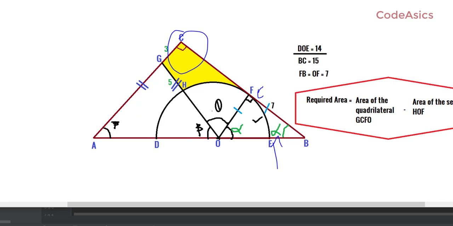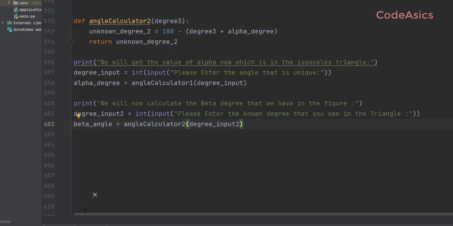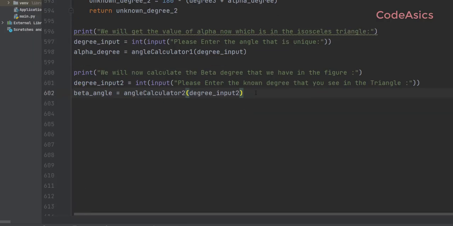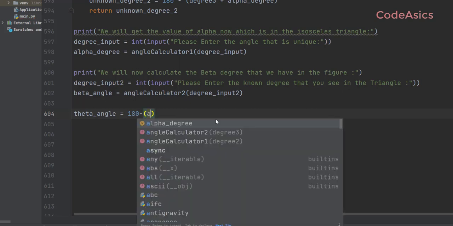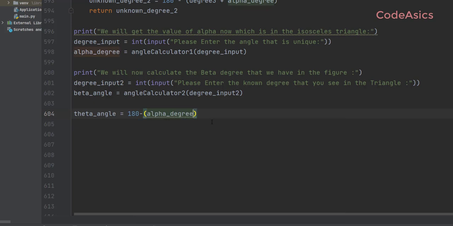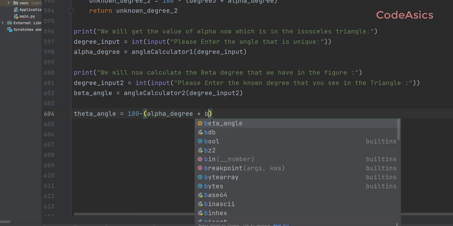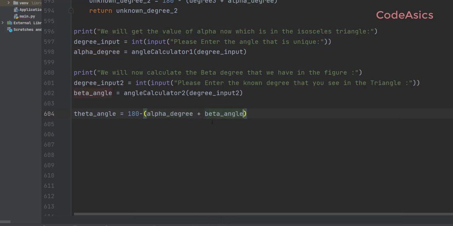Now we need to get the value of theta, right? How are we going to get the value of theta? Let me go back to PyCharm and say theta underscore angle is equal to, from 180 degrees we subtract alpha degree added with beta degree, right?